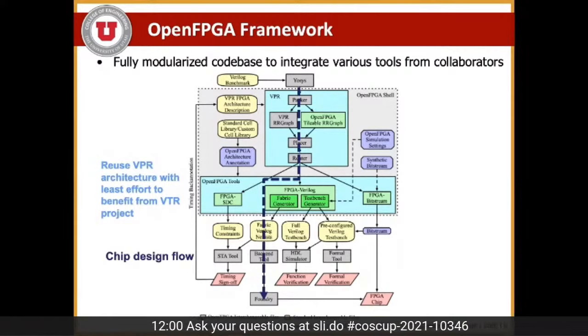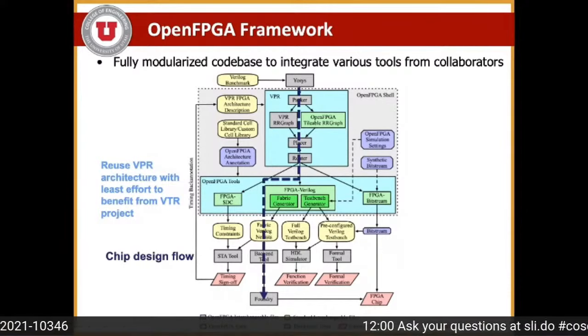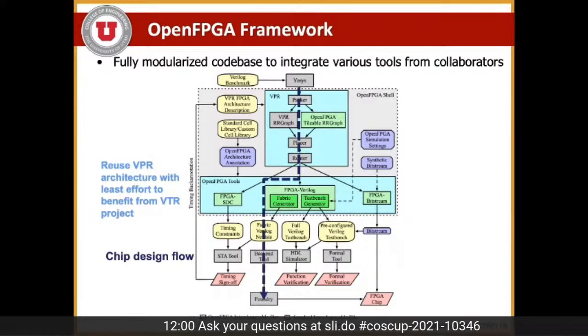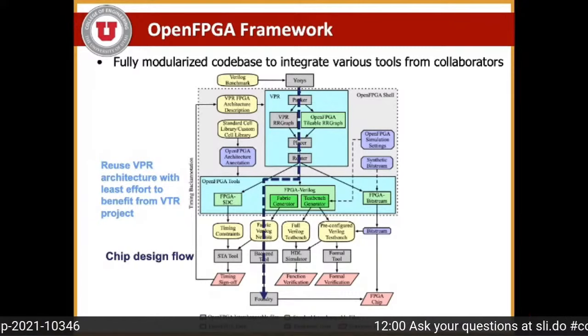And then you can use OpenFPGA to prototype this FPGA architecture by converting or compiling your architecture description to a physically fabricable layout. You can send this layout to the foundry and fabricate your FPGA chip.